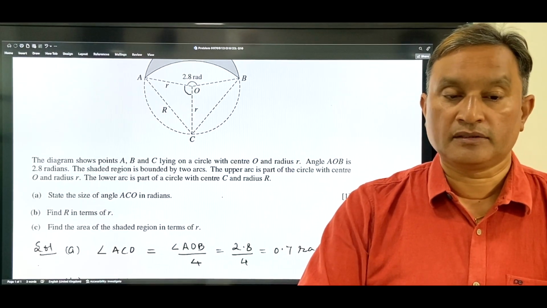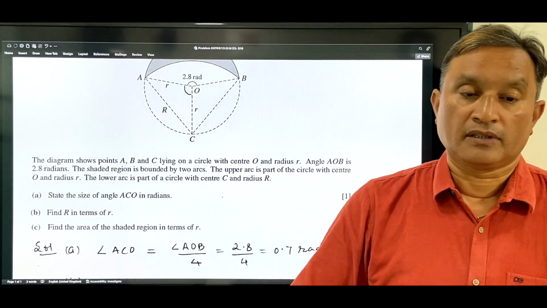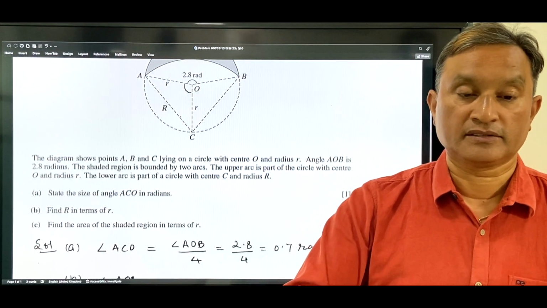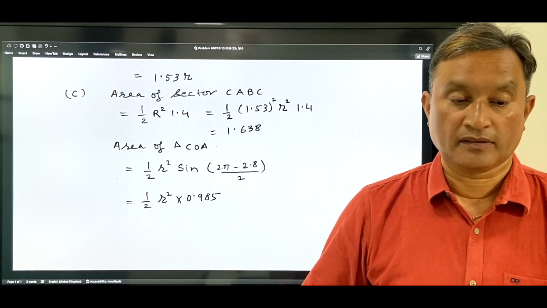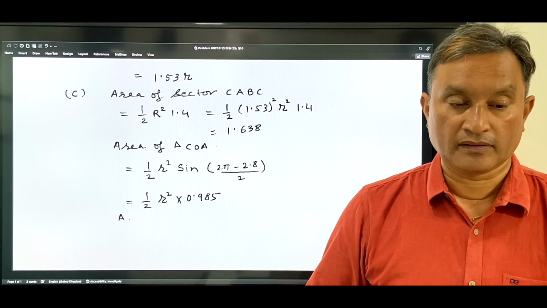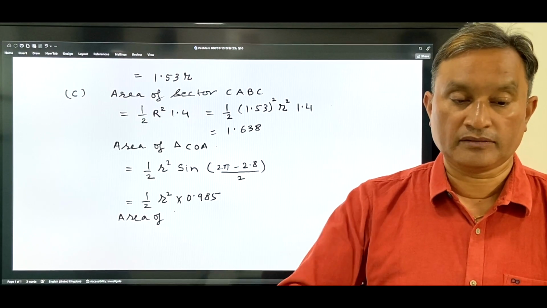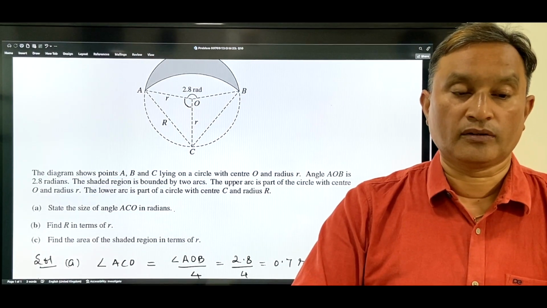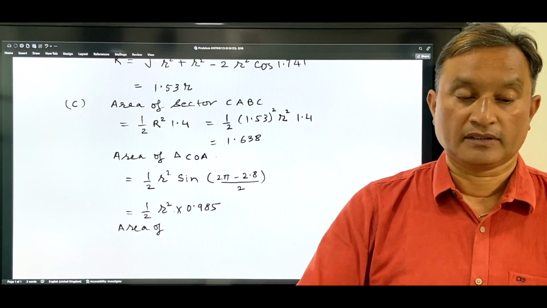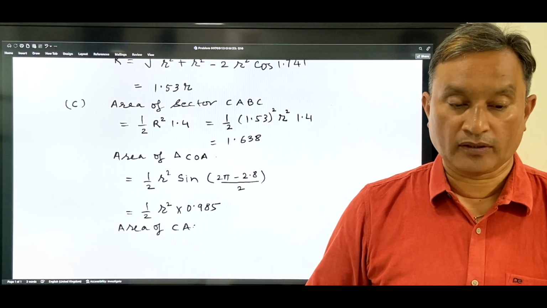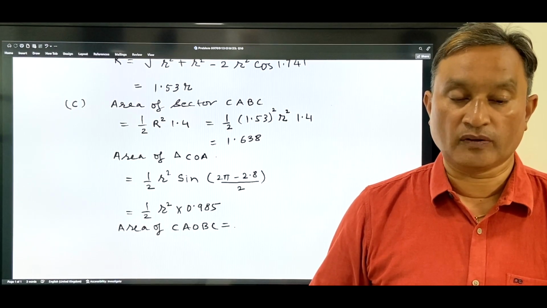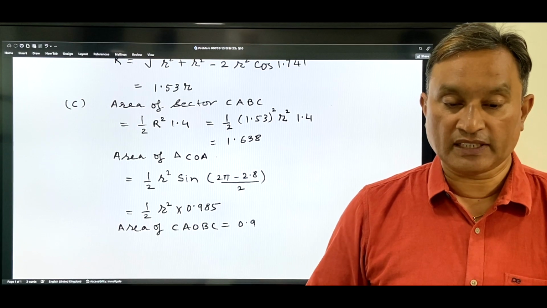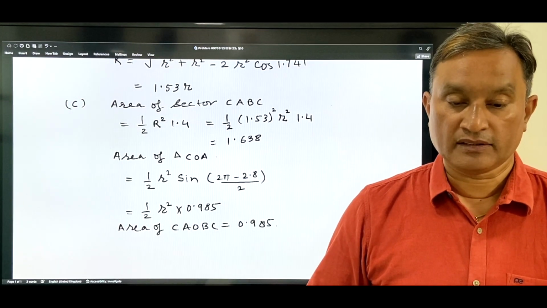Now the area of both triangles, so the area of CAO and BCO equals, we will have to do 2 times of this, so we will be getting 0.985 r square.